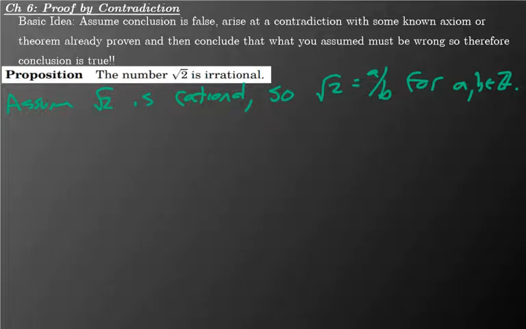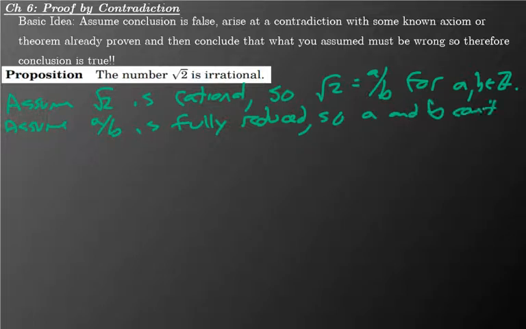We're also going to assume that a over b is fully reduced, and this just makes the argument easier. Basically, a and b can't both be even.